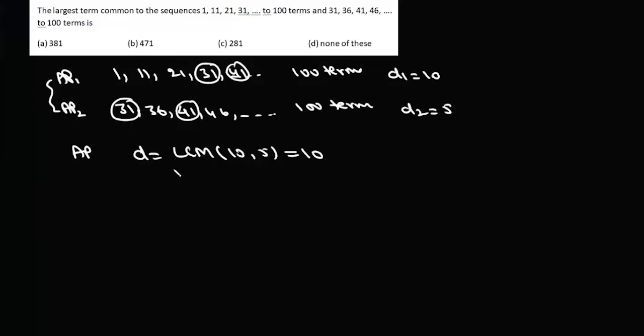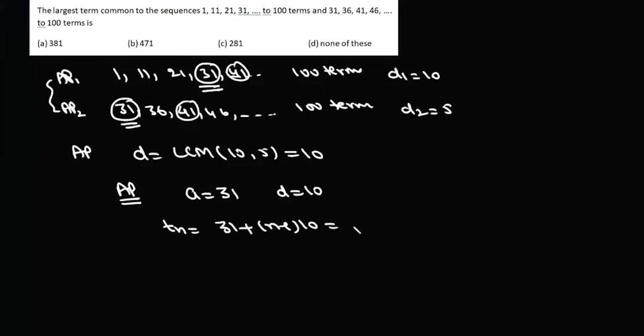Here in this case the value of D is 10, and again just by observation we know that the first common term is 31. So this AP of common terms has first term 31 and common difference 10. Now its general term Tn is given by A plus (n minus 1) into D, so it will be 31 plus (n minus 1) into 10.